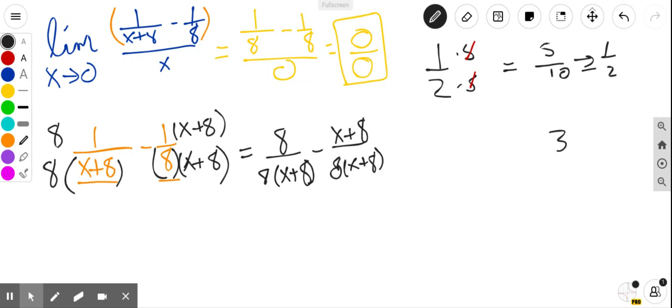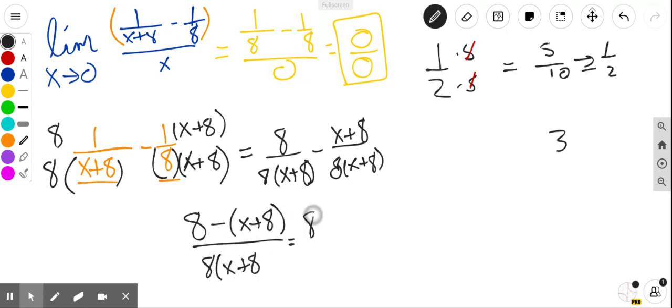All right. And now since we're subtracting, we're going to take the top minus the other numerator. All of that has the same denominator, so we just kind of combine into one fraction. So we get 8 minus x minus 8 over 8 times an x plus 8.